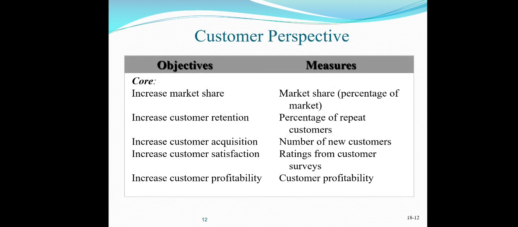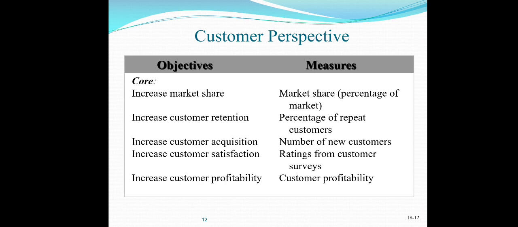So for the customer perspective, you can see here, it is related to customer satisfaction, customer retention, customer acquisition, etc. So see the customer satisfaction. This is, I think, the most important objective that is frequently used when a business implements the balanced scorecard.